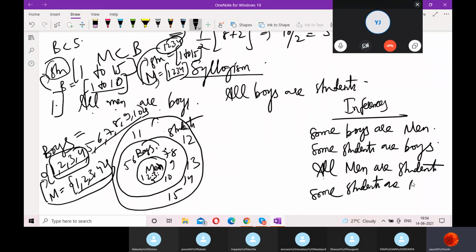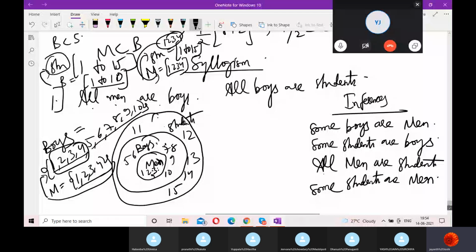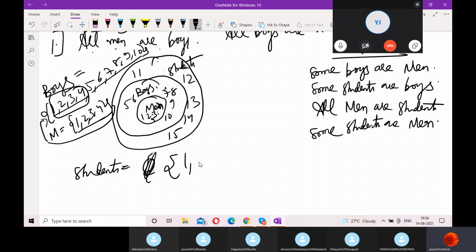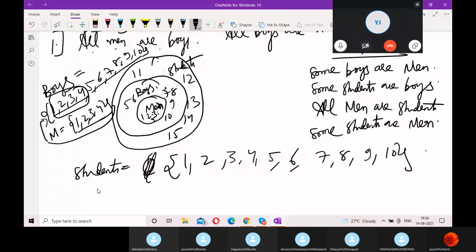If you did not understand, I can make a neat and clear representation and show you for all this. Okay, let me show. So students, I am taking 1, 2, 3, 4, 5, 6, 7, 8, 9, 10. This is a universal set. And then men.